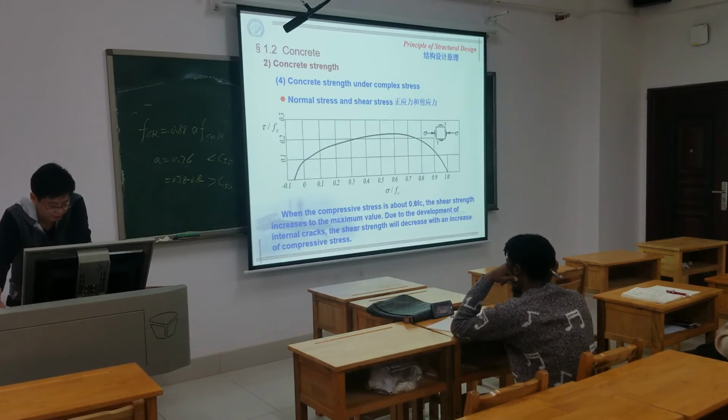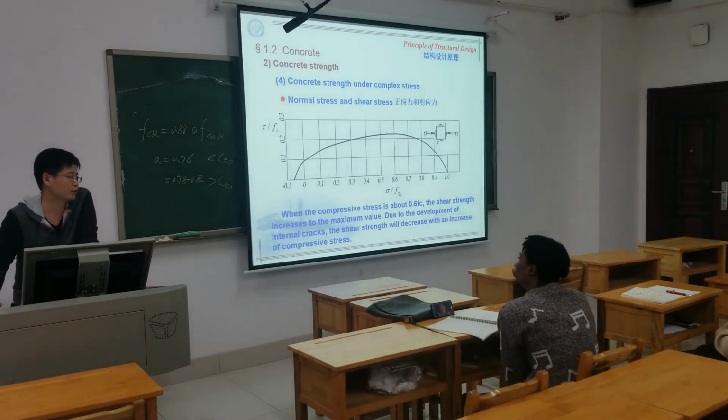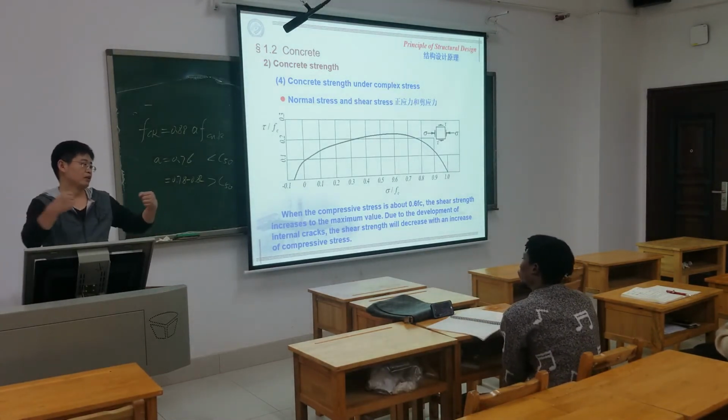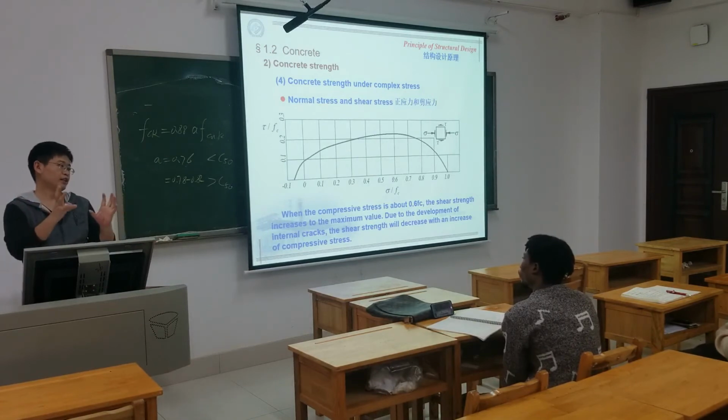The shear force increases to the maximum value due to the development of the internal cracks, then the shear stress will decrease. That's the reason why after this the shear stress decreases. When the normal stress is too high, maybe some small cracks are generated inside the concrete.